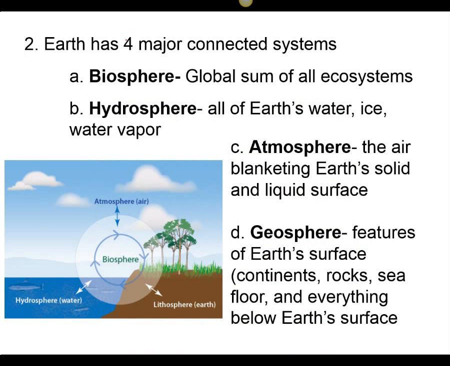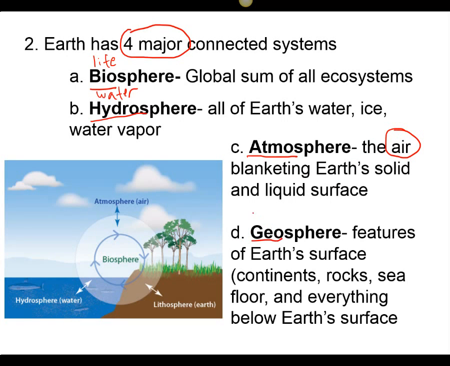Now, Earth has four major connected systems. We have the biosphere, which is all the ecosystems together, the top level of organization. We have the hydrosphere, right? Bio means life. What does hydro mean, guys? Water. Atmosphere, referring to the air, right?